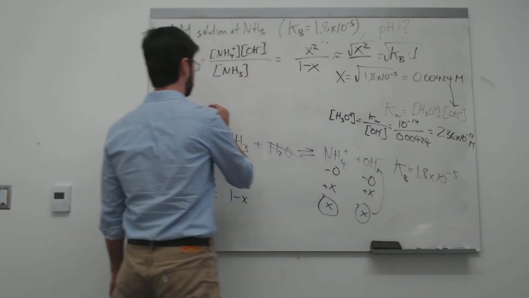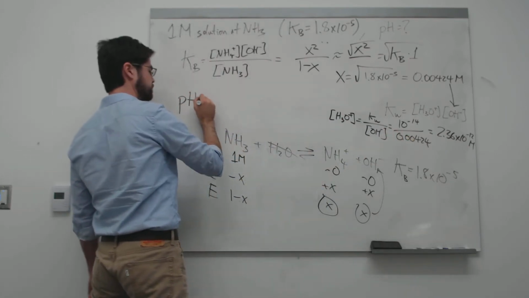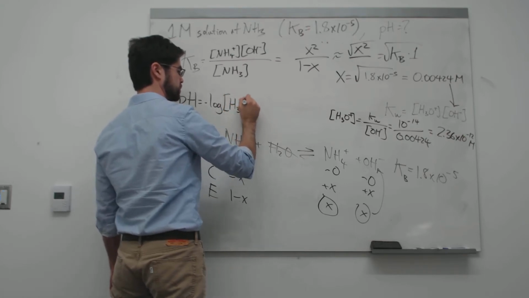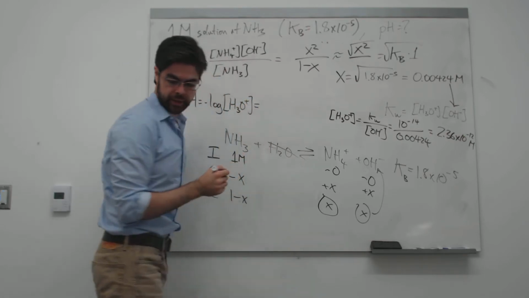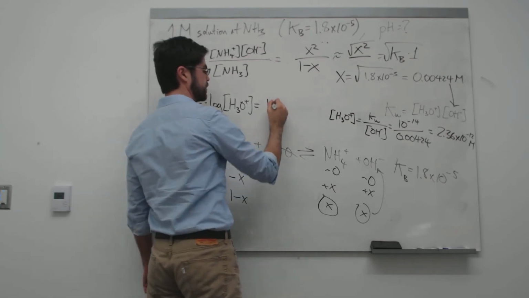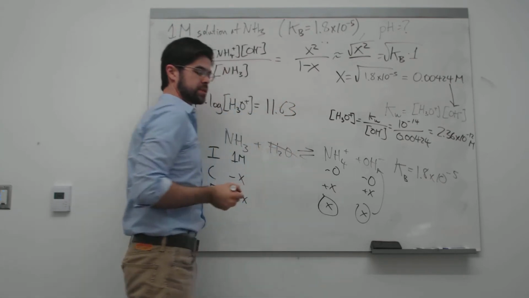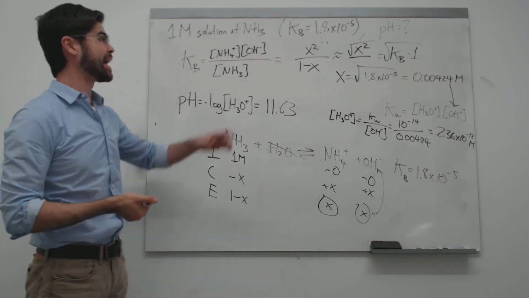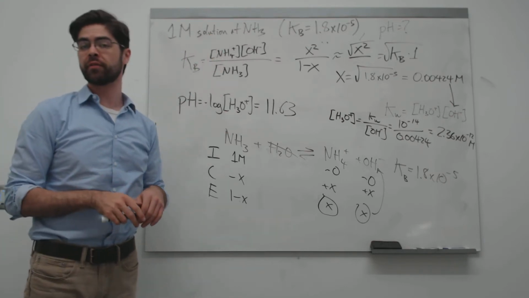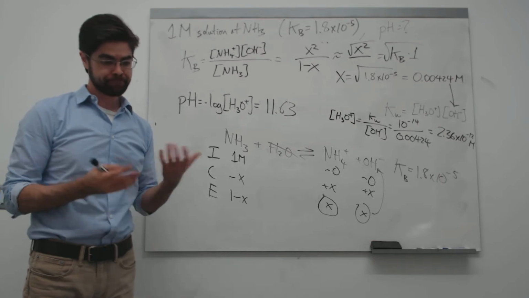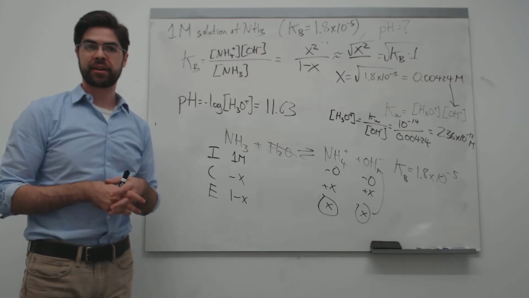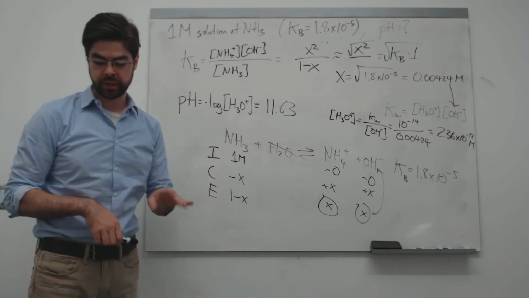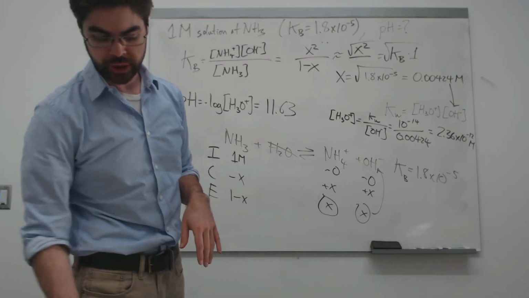And then if I take the negative log of that, I end up with a value of 11.63. And that's a reasonable value for the pH. I have a solution of a weak base, and bases, if they are basic, their pH should be greater than 7, which is exactly what we see, so that makes sense with our intuition.